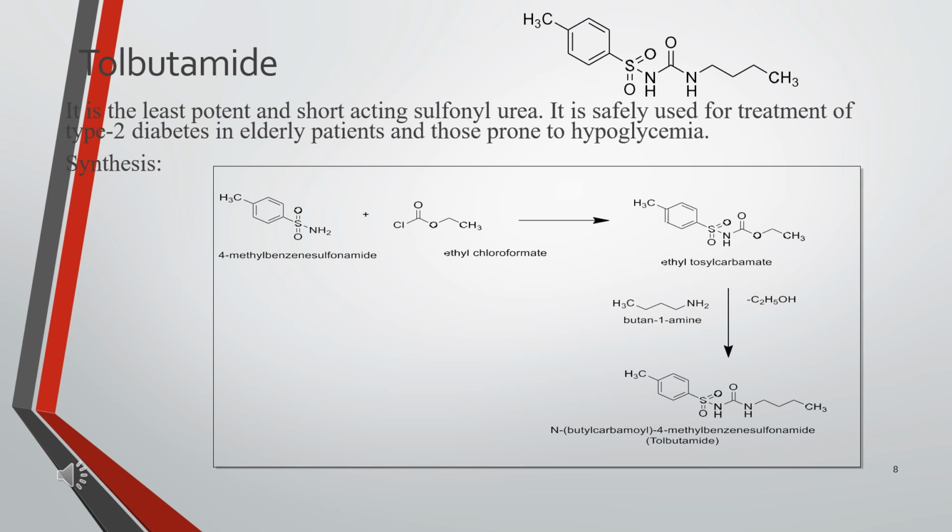Tolbutamide is the least potent, short-acting sulfonylurea. It is safely used for the treatment of type 2 diabetes in elderly patients and those prone to hypoglycemia. In the synthesis of tolbutamide, 4-methylbenzenesulfonamide is reacted with ethyl chloroformate, which gives ethyl tosylcarbamate, and fusion with butan-1-amine with release of an ethanol molecule gives tolbutamide.